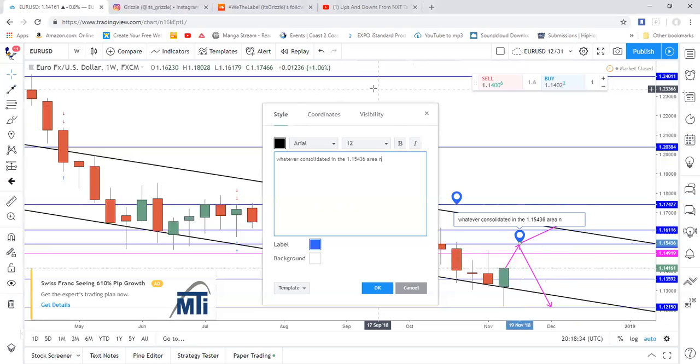Whatever consolidates into 1.15436 area to close above or below.